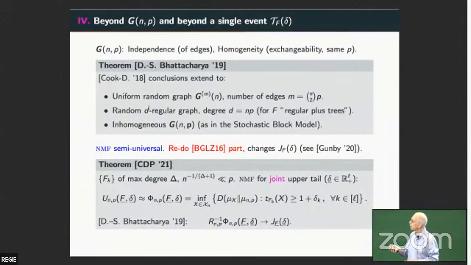And we redo the work of Bhattacharya, Ganguly, Lubetzky, and Zhao, and proved that this will converge to the same principle of having a clique and hub. The difference is when you have multiple constraints, you may have both clique and hub, whereas when you have one constraint, you always choose only one of them. It's never beneficial to split, but when you have more than one, you may do something more complicated.